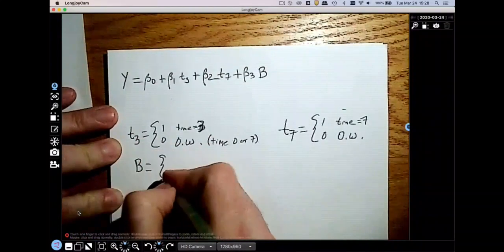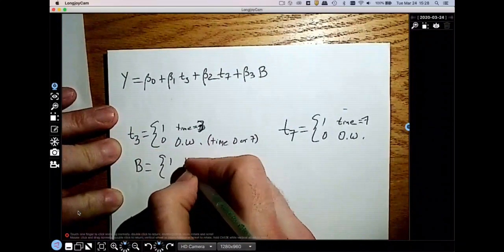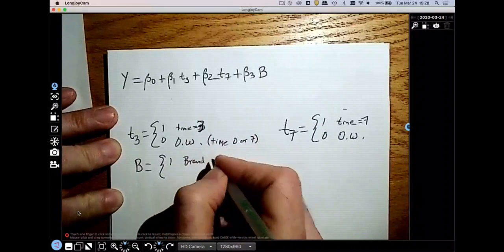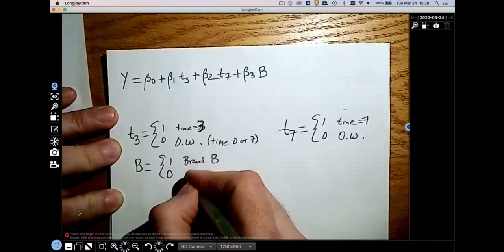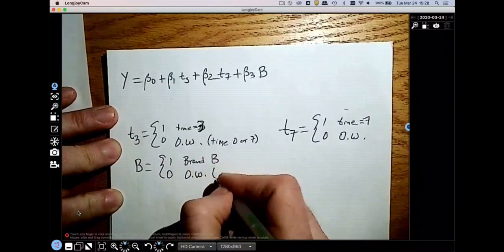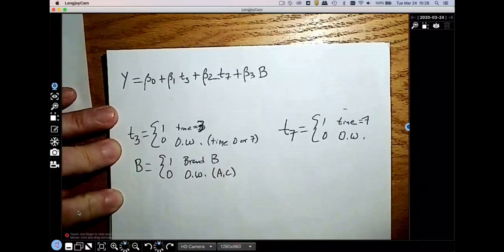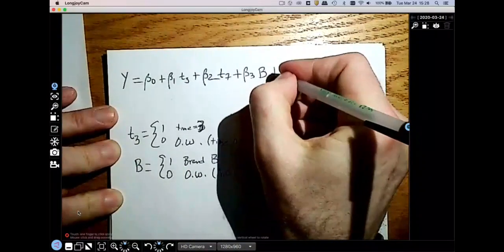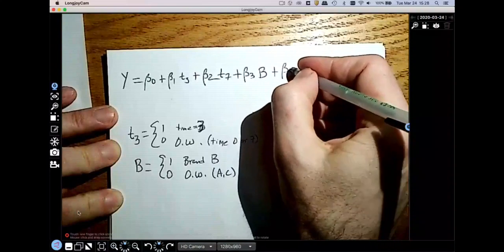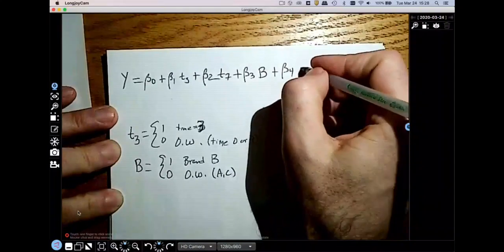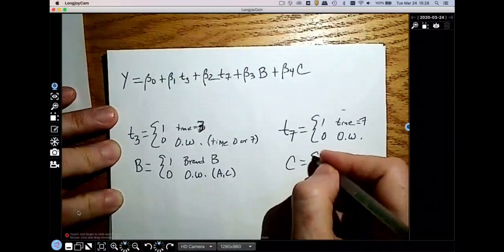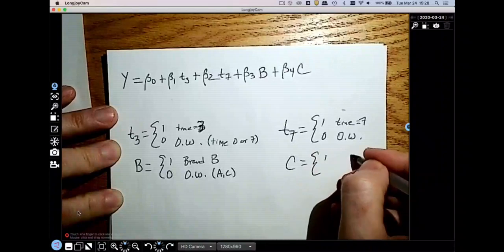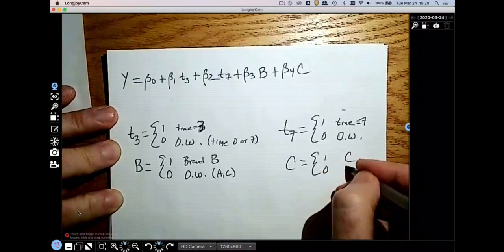B is a dummy variable that equals 1 if the brand is B, 0 otherwise, meaning A or C. Then we have another brand effect, so beta 4 times C. C is equal to 1 if it's brand C, 0 otherwise.